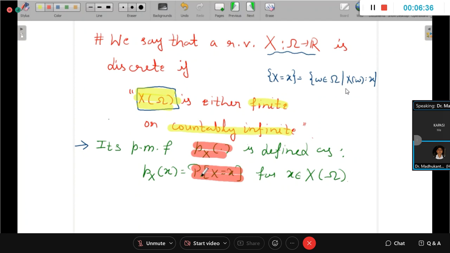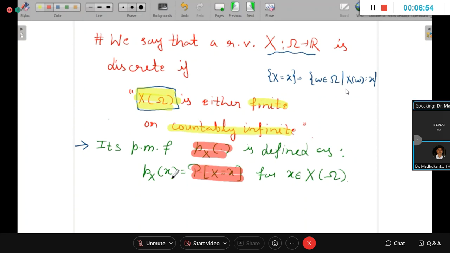If you sum up over all values of x, that will lead to 1, and all of them are non-negative. We have seen that.